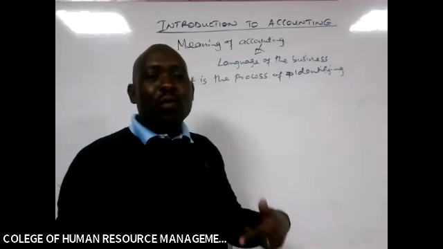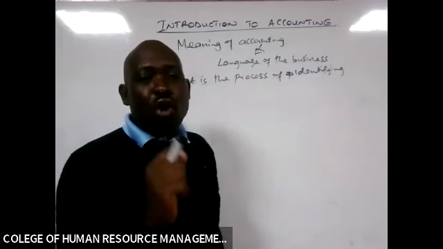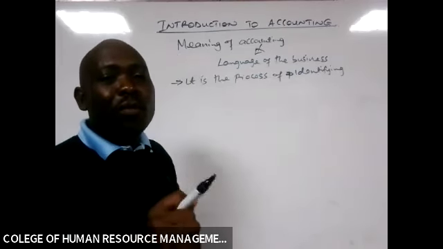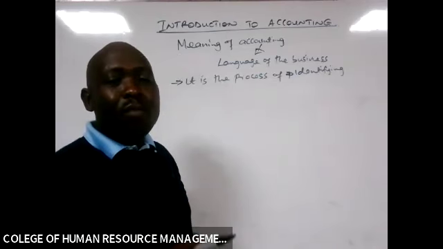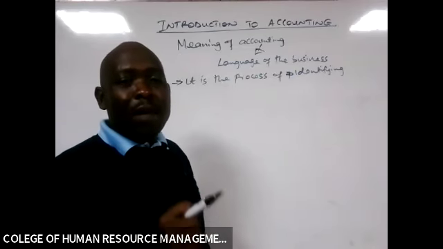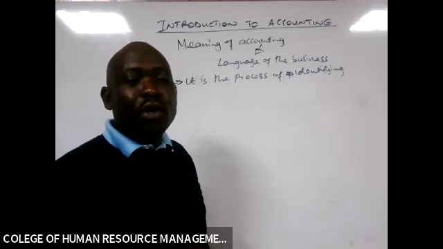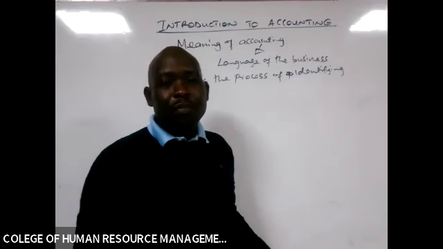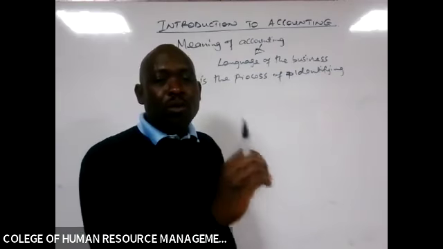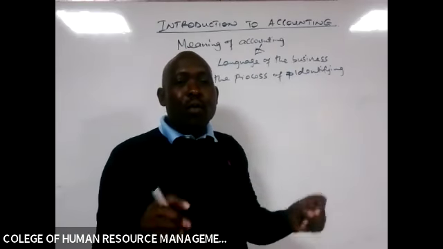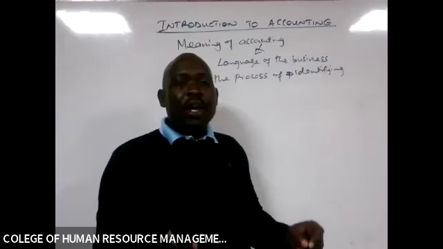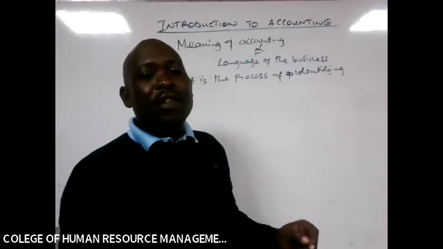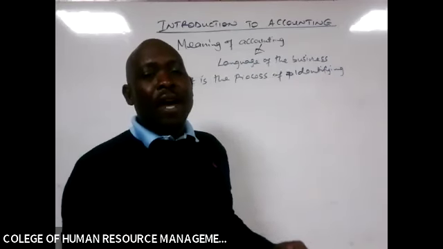So many activities will be witnessed, but not all the activities will be recorded in the books of accounts. Some will be recorded because of their impact, and some will not be recorded because they don't have any impact. The process of sorting out what is to be recorded from what is not going to be recorded is what we normally say is stage number 1, which is identifying.